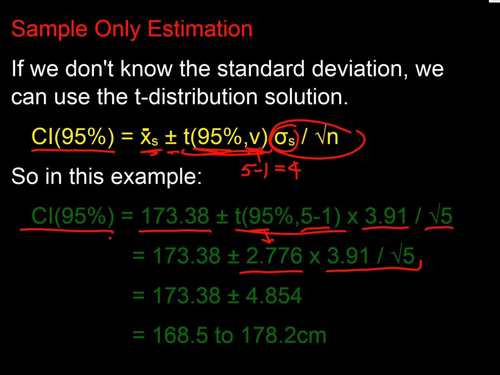So our plus or minus is this factor on the right hand side, which in this case is 4.85. So we estimate that our population mean is somewhere between 168.5 and 178.2 in 95% of the cases. Again, quite a narrow window, given that we only did a sample of 5, and of course if we did 10 or 20, it would narrow considerably.